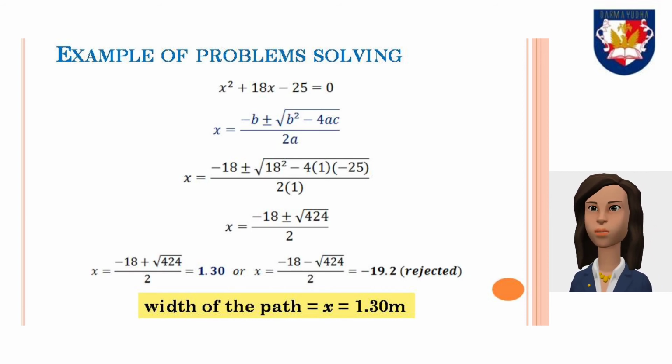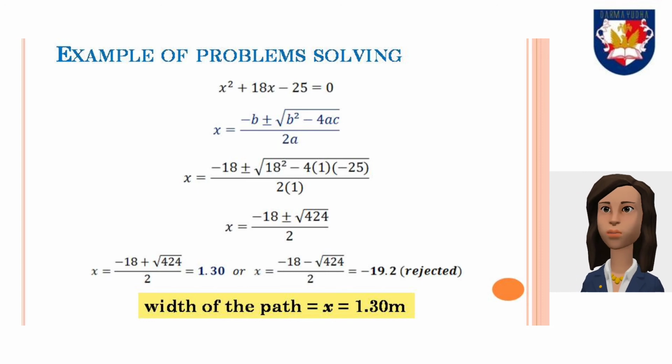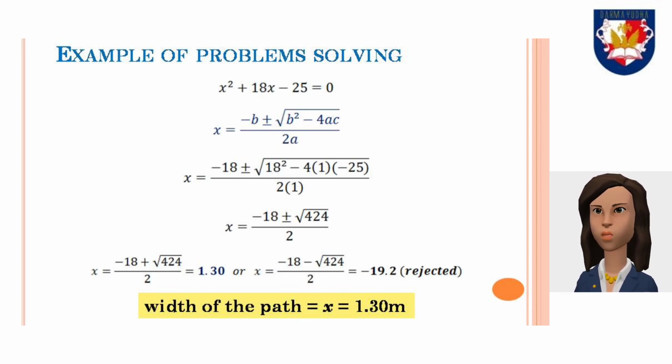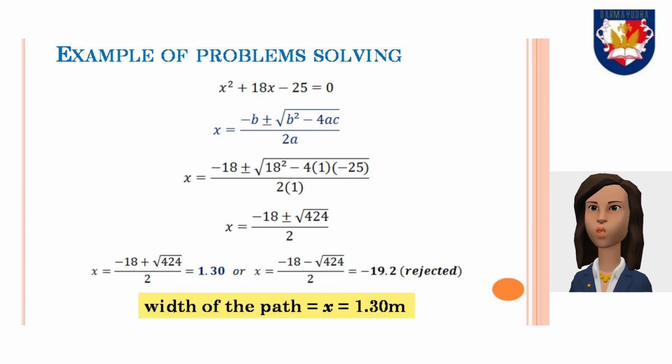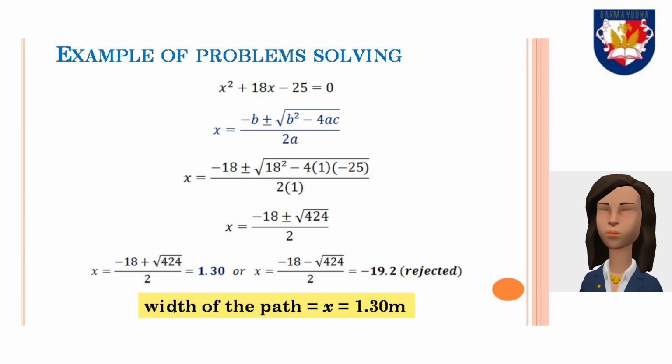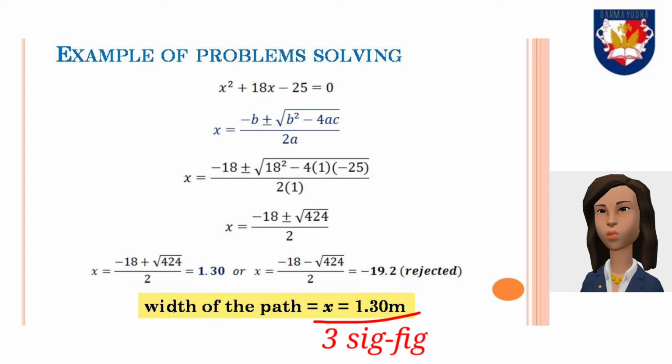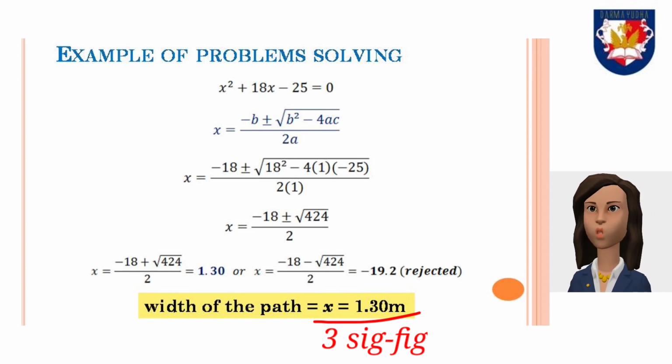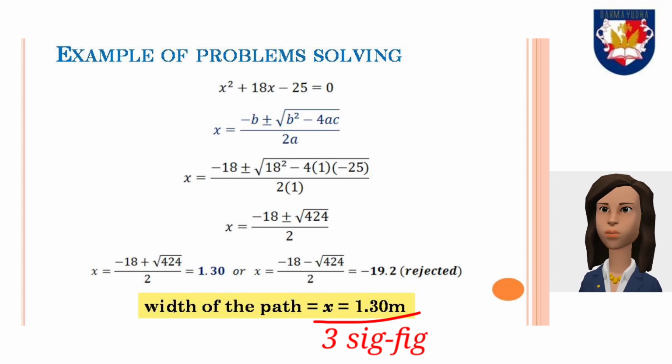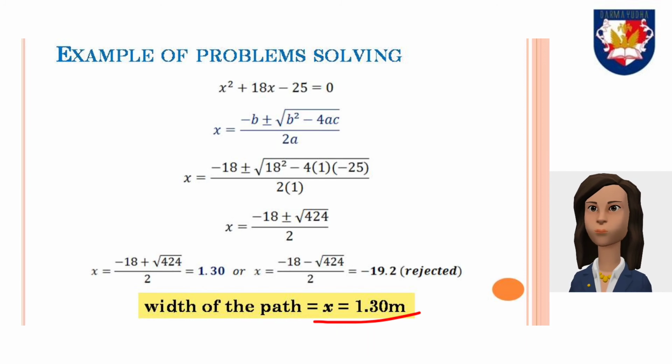For the negative solution, we reject it because we need the positive solution. So the width of the pad is x, in this case equal to 1.30 meters. Remember, 3 significant figures, so it becomes 1.30 meters.